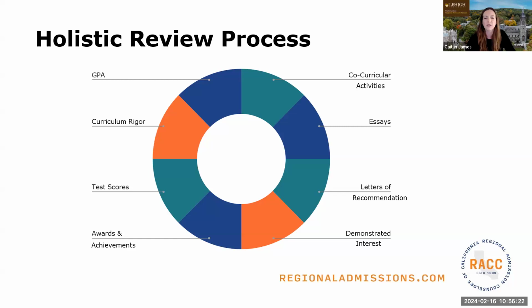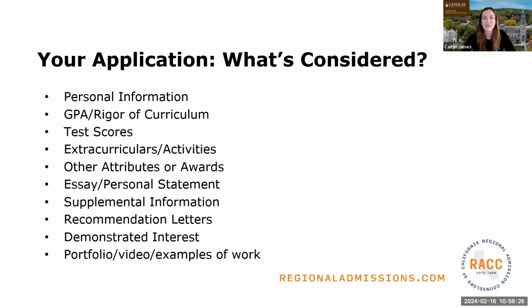And then the last piece is demonstrated interest. All right, so things that we've talked about as I went through some of those things: test scores, extracurriculars, demonstrated interest, and portfolio examples of work. So we'll talk through a little bit more of those as we're going through today.